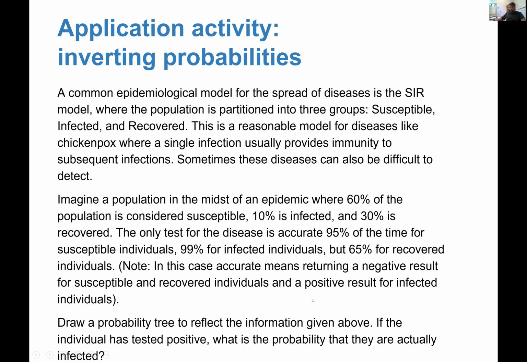Let me move my picture so I can keep reading. Note in this case, accurate means returning a negative result for susceptible and recovered individuals and a positive result for infected individuals. So draw a probability tree to reflect the information given above. If the individual has tested positive, what is the probability they are actually infected?